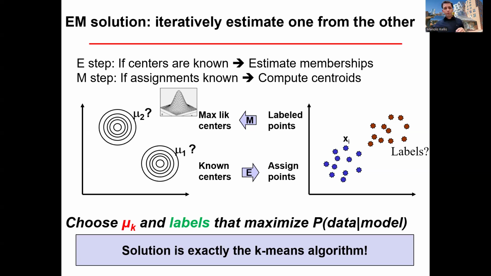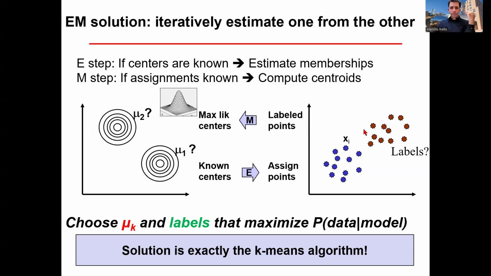So what we're going to do is reinterpret these two steps of the k-means algorithm in an expectation maximization way. What is expectation maximization? It's a way to iteratively refine the latent variable, for example, the centers of the points, and the rest of the distribution in an iterative fashion.